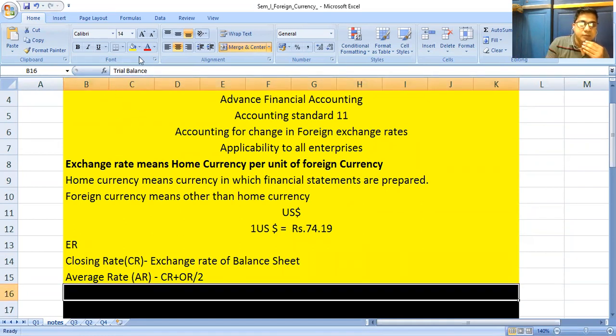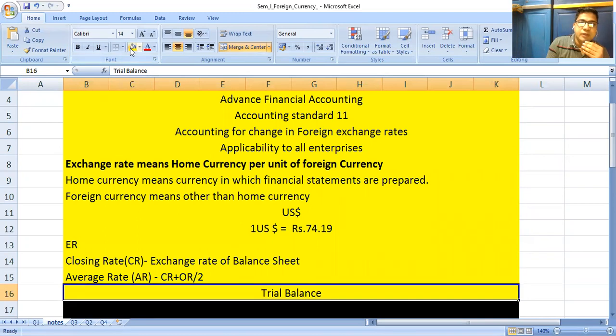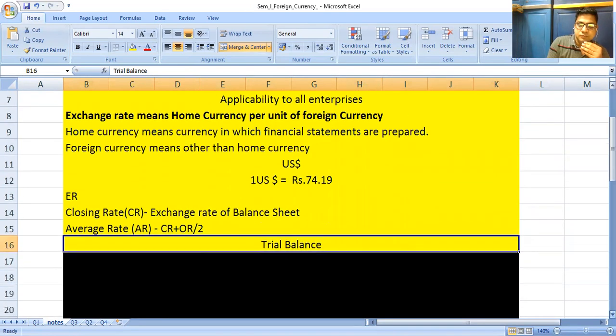Then after that, whenever we talk about the trial balance, what do you mean by trial balance? Can you give the answer? Unmute yourself and give the answer. Trial balance is not a new thing to you. You are already aware of the meaning of trial balance. Yes, what do you mean by trial balance?